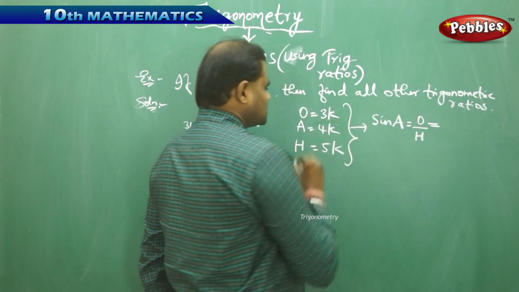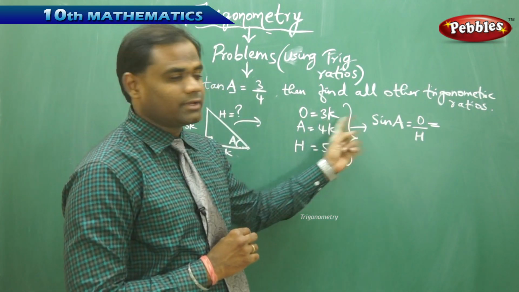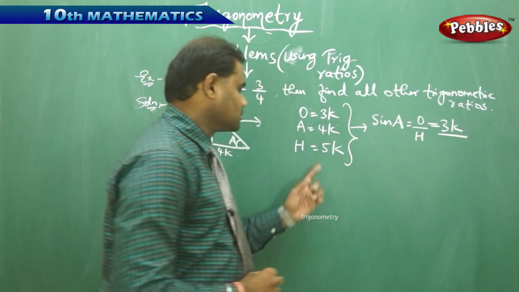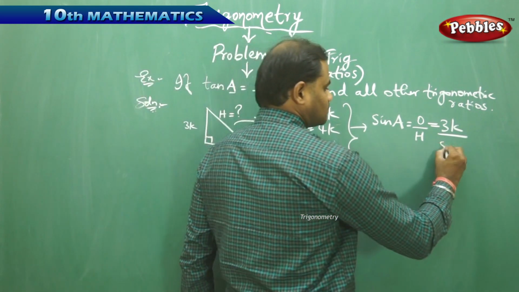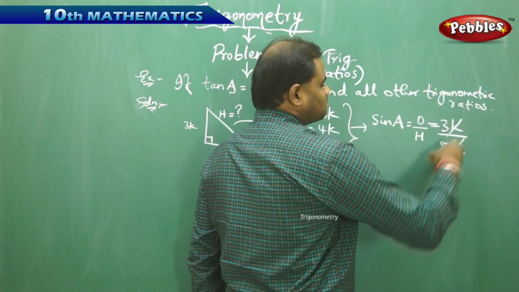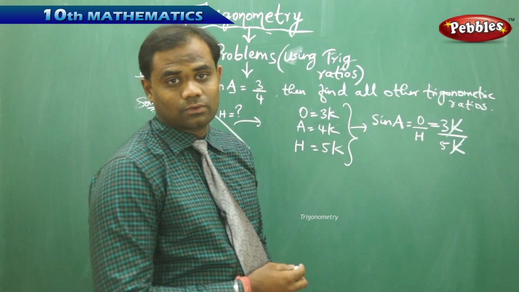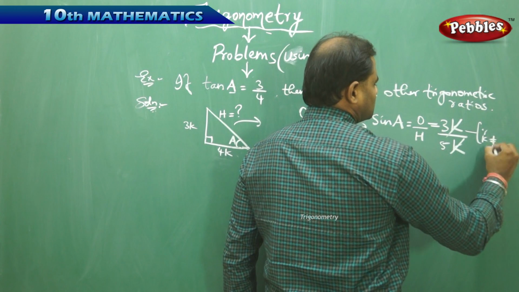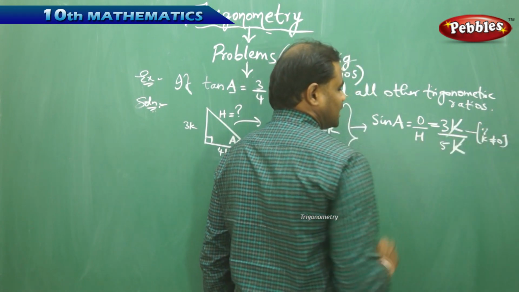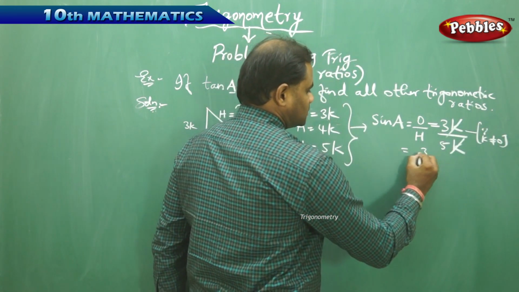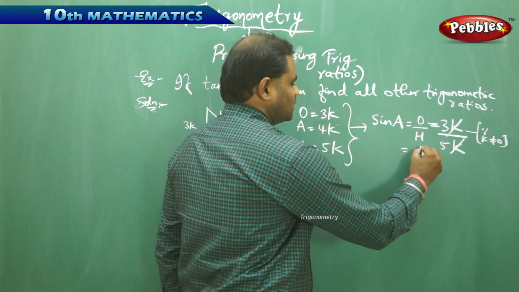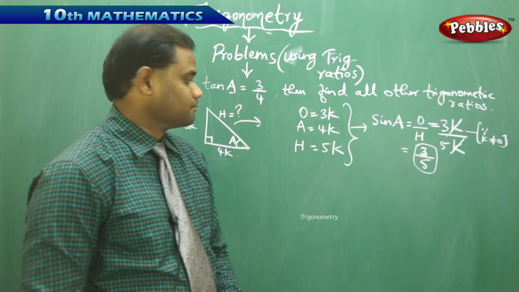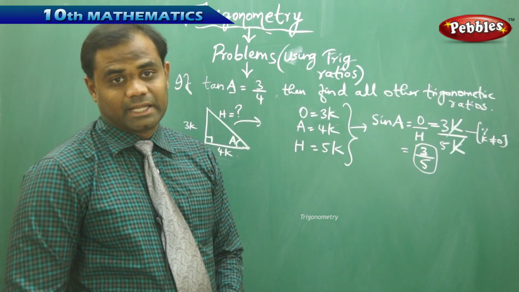The opposite side is 3k, so I substitute 3k by hypotenuse, which is 5k. This can be cancelled because k is not equal to 0, and I get sine A as 3 over 5. This is obtained using the formula for sine theta.